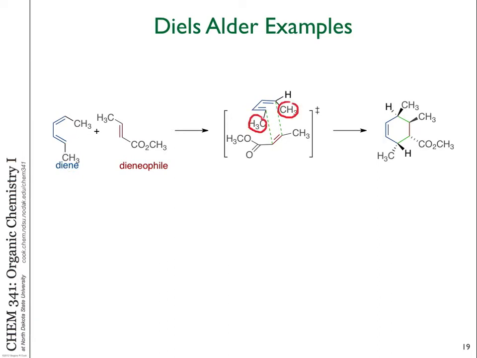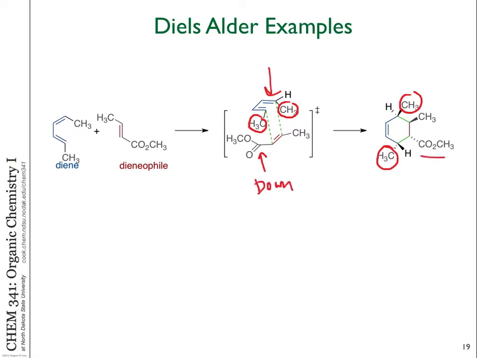So when you do the reaction, on this part of the molecule, one's going to go up and one's down. That's what I've drawn on the product. This CH3 went up, and that CH3 went down on the ends of where the double bond was. The double bonds go down. This group now is going to be down.